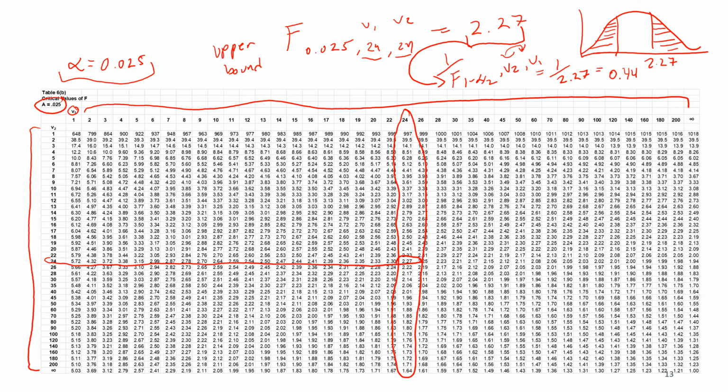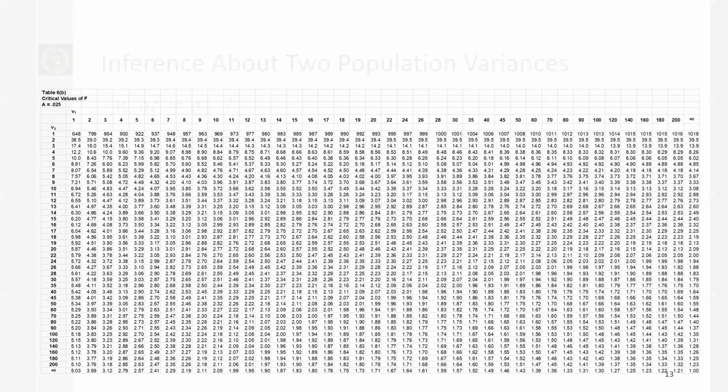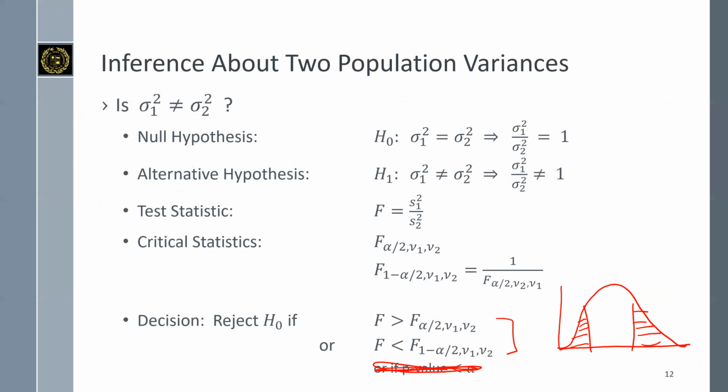So again, the shortcut is also on the previous slide. So the shortcut is listed right here. Now, some students forget to switch the v2, v1. Do not always assume that the degrees of freedom will be the same. Sometimes it will be different. So that's your shortcut. You flip these and you get your lower bound.